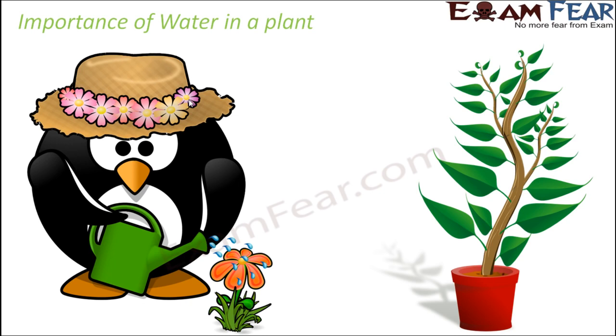So most of the plant body is made up of water. Water also helps in the growth of the plant. It helps in the productivity. For example, you would have seen that farmers irrigate their lands. They provide appropriate water to the plant so that the productivity of the plant is more. So that means water is very, very important in a plant.